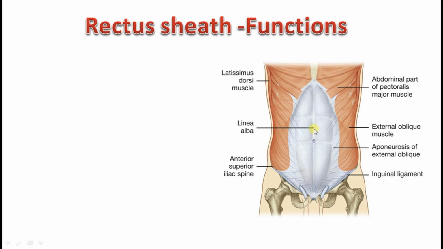Then this muscle is itself covered by the rectus sheath, which gives protection to the muscle itself. So the rectus sheath prevents injury to the anterior abdominal wall in the region of the rectus abdominis muscle.